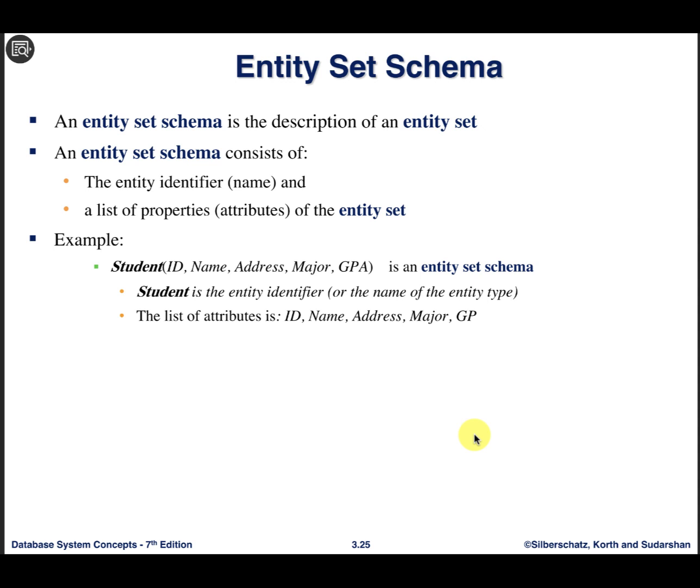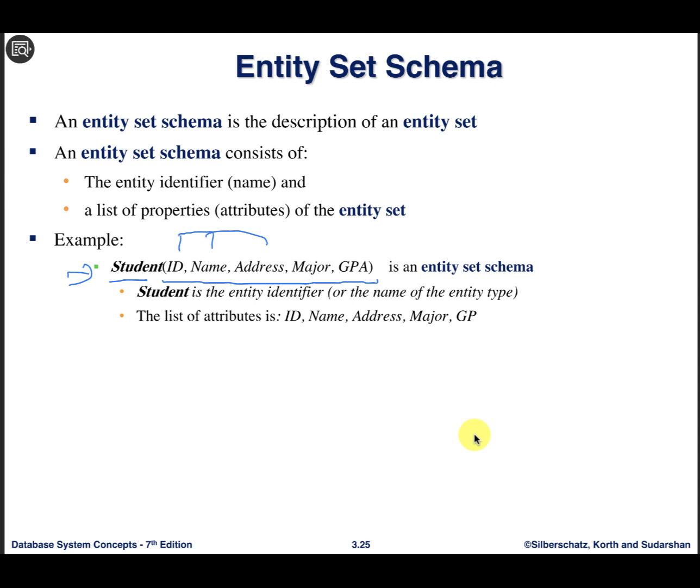For example, you have an entity set student, and here we list all the attributes that we believe we have in the entity set. An entity is called a student, and the entity type is student, which has the following values for the following attributes.